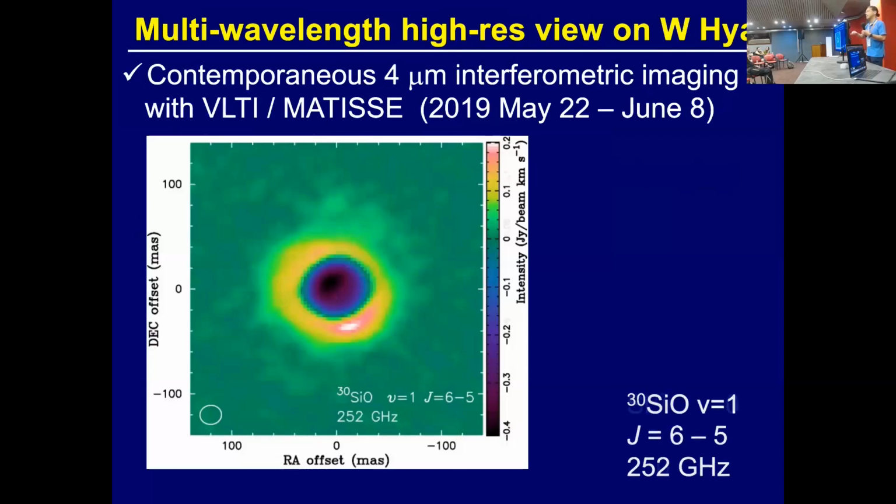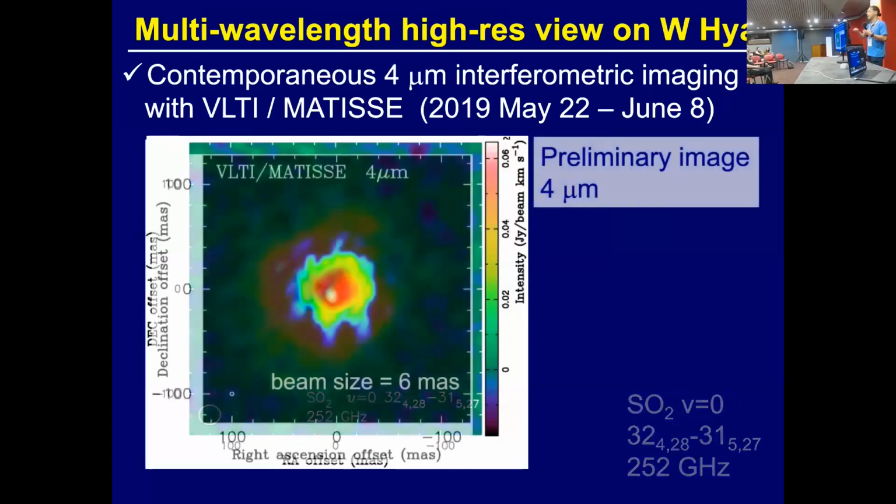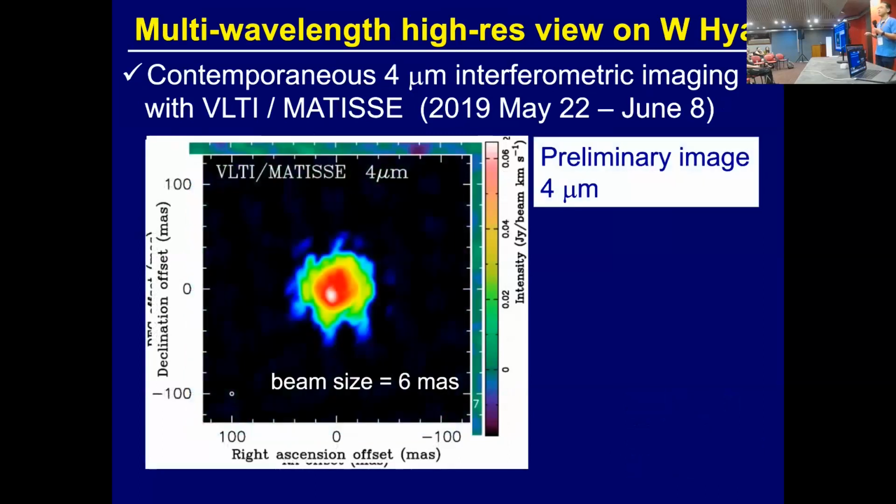Here are the ALMA images of different molecular lines, and this is the very preliminary image reconstructed from VLTI MATISSE data at 4 micron, and you can see a very tiny speck here. This is the beam size of 6 milliarcseconds. So we can probe the detail of the region inside the region that we probe with ALMA.